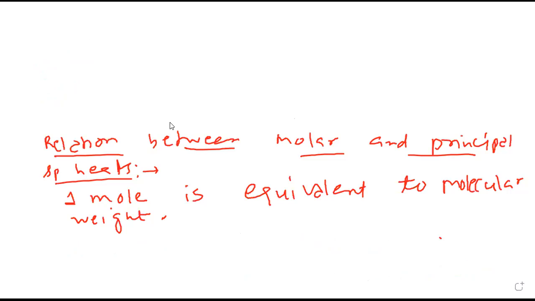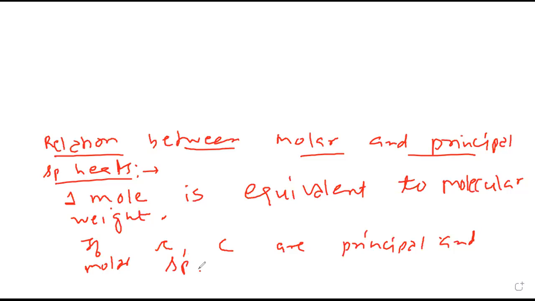That means if small c and capital C are principal and molar specific heats, we have not written constant pressure or constant volume, just general.